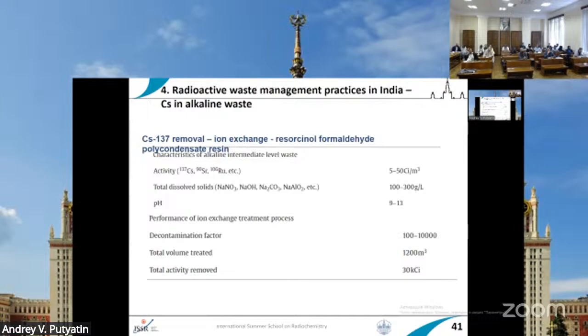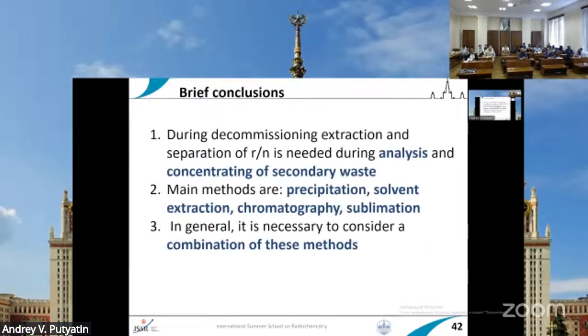It's very easy to synthesize such kind of resin, and this huge amount of cesium activity was removed from the alkaline level waste that they obtained during the nuclear project.